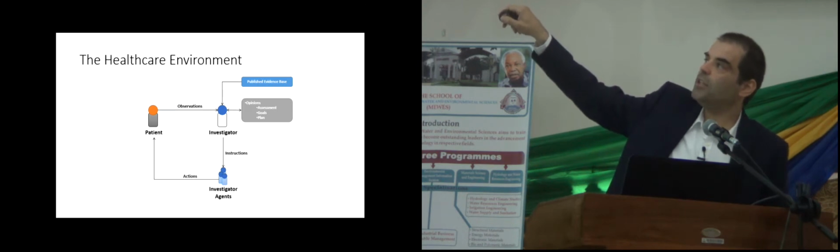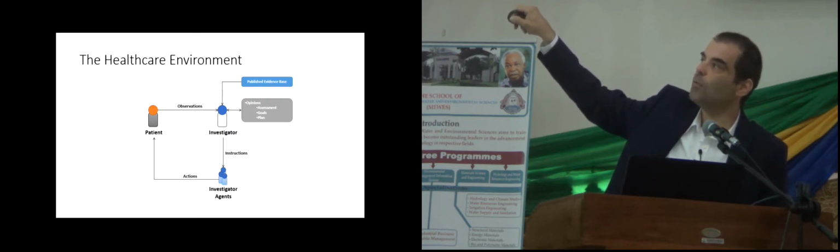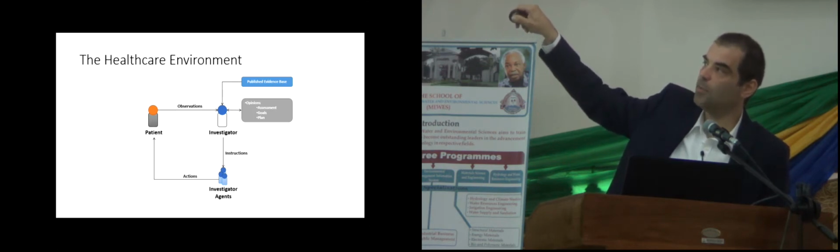So patients present themselves to investigators. Investigators are making observations. Sometimes these observations or actions they want to take, they cannot do on their own, so they will instruct others to take actions on patients and go through this cycle.